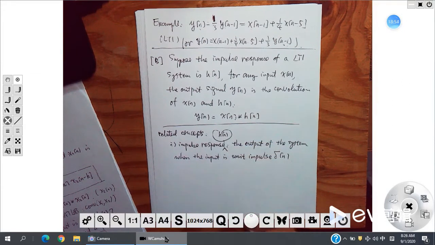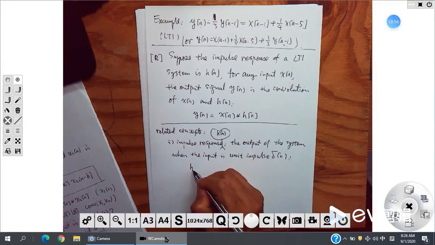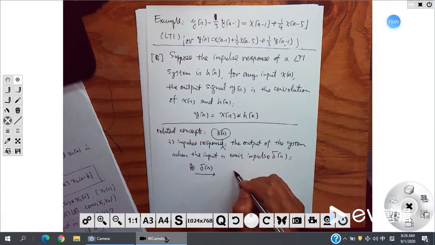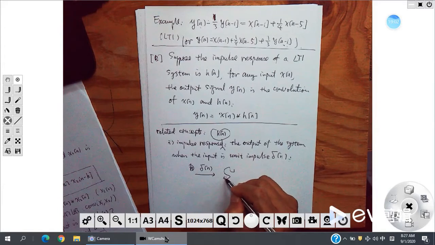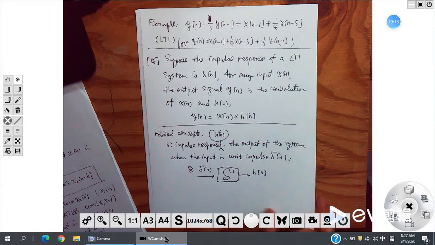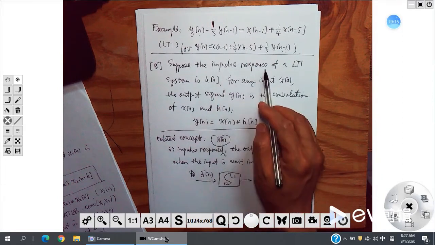Suppose the system is S; when delta of n is the input, the output will be h of n. So it's an impulse response. Okay, this is the first one, impulse response, right?